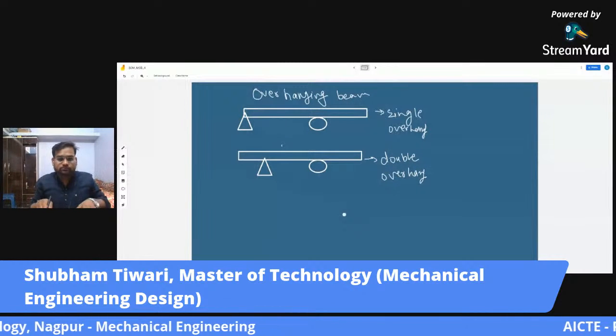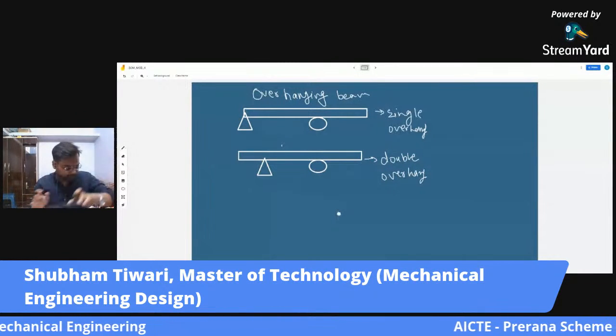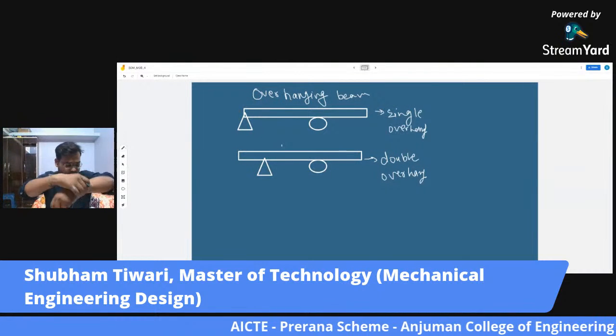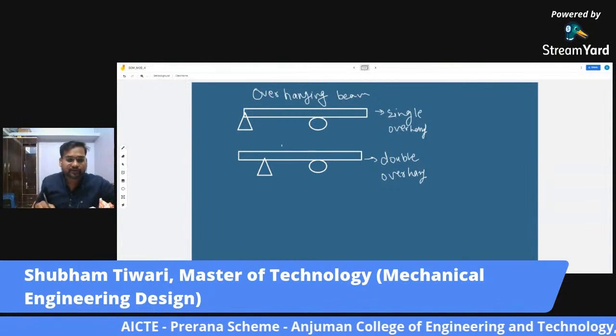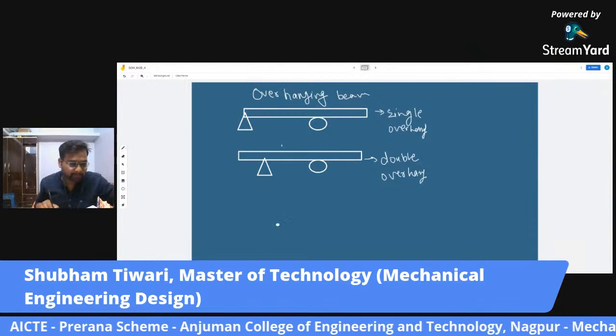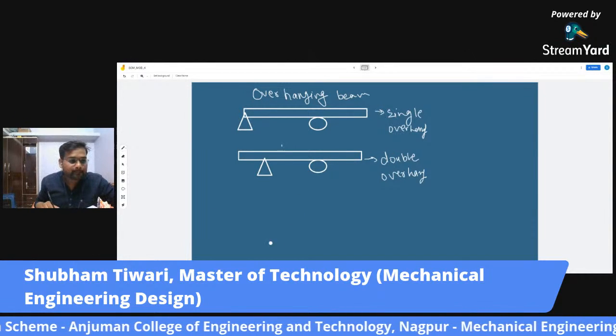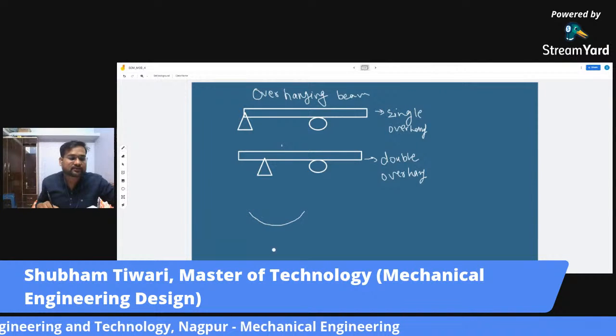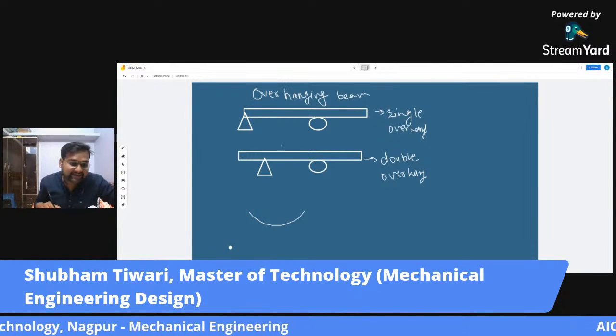Okay, now let me go for some sign conventions. Just keep this in mind. If a beam is bending like this, then it is known as sagging.